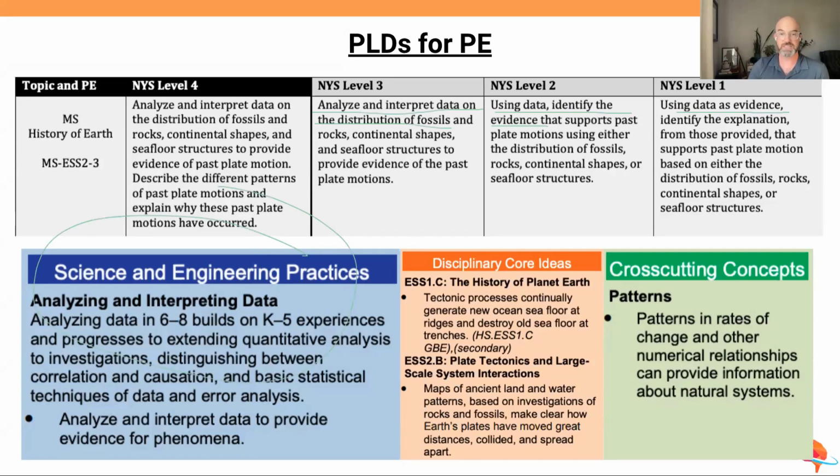In addition to using the SEP, we're also going to see the DCIs, so tectonic processes and fossils and rocks can be used to support these. So everything has that past plate motion, fossils and rocks, past plate motion, fossils and rocks. Every single one of these is looking at providing evidence, identifying evidence, or identifying an explanation that relates to those things.